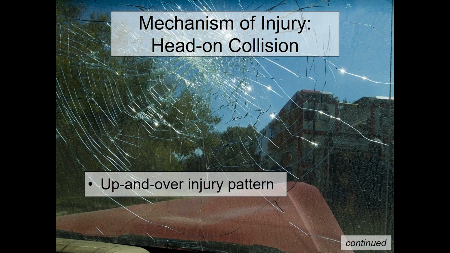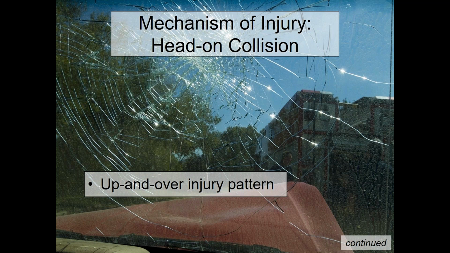This up and over injury pattern, we could see lower leg injuries. So we're talking now, we're getting to the lower extremities. Why would those be injured on somebody who comes up and kisses the windshield? The legs get cramped, like underneath the steering wheel. Yeah, the legs are going to hit whatever; the patient is still moving forward.